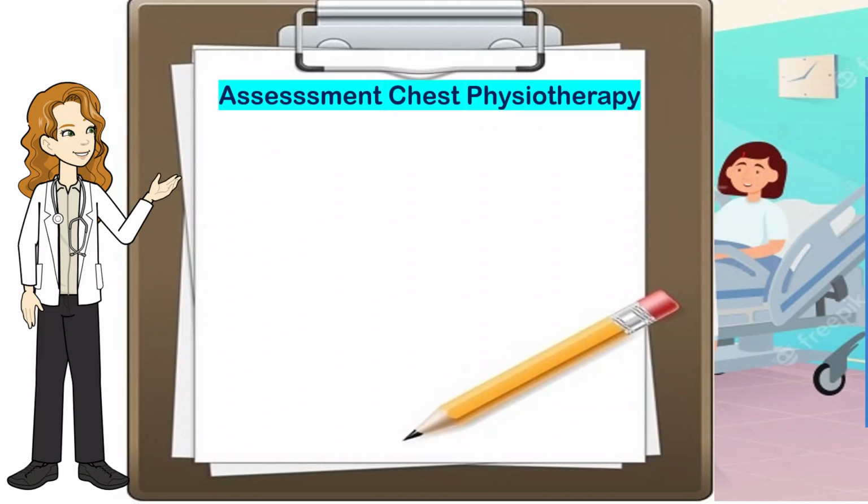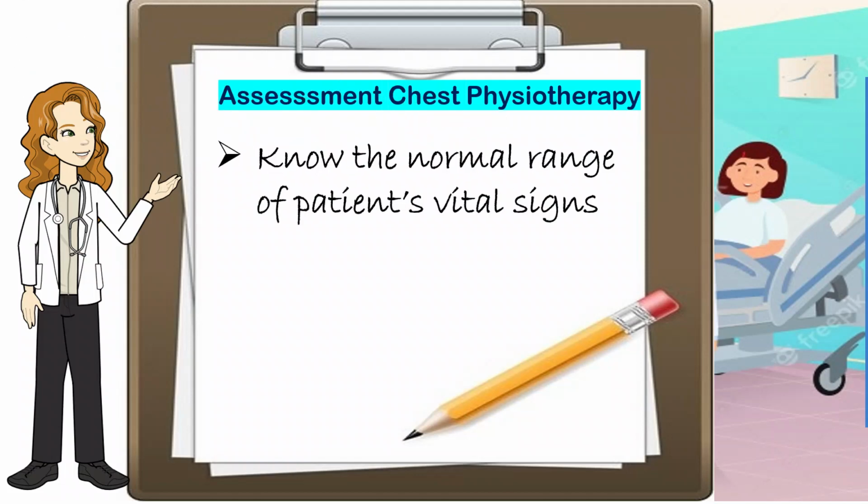You have to do assessment before doing your chest physiotherapy procedure. Make sure to know the normal range of the patient's vital signs. Check the respiratory rate of your client, the vital signs or the blood pressure of your client.